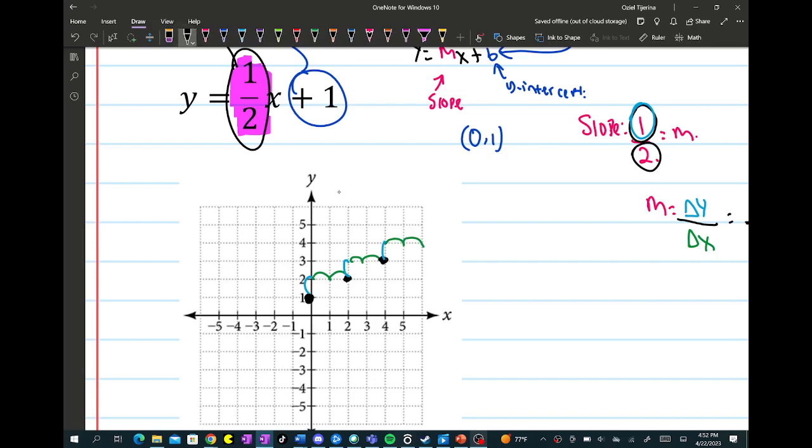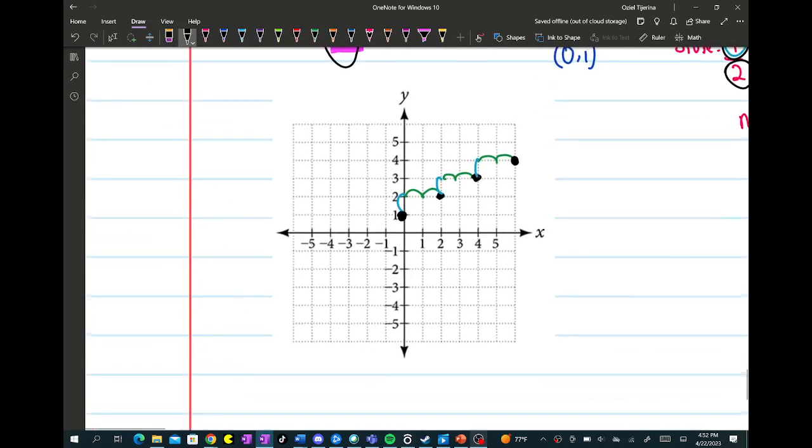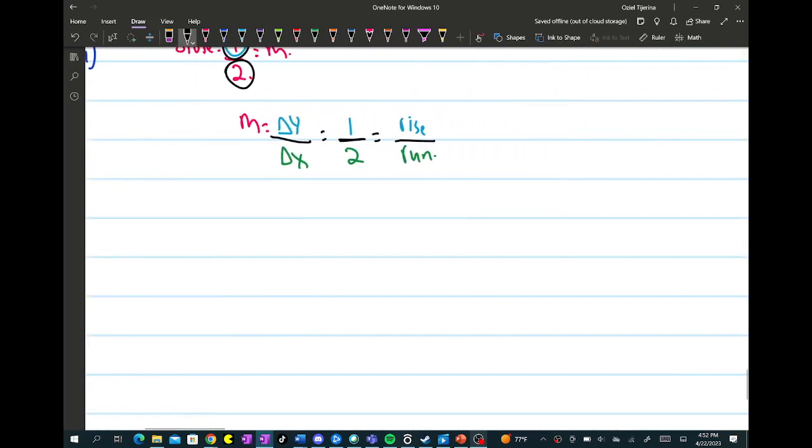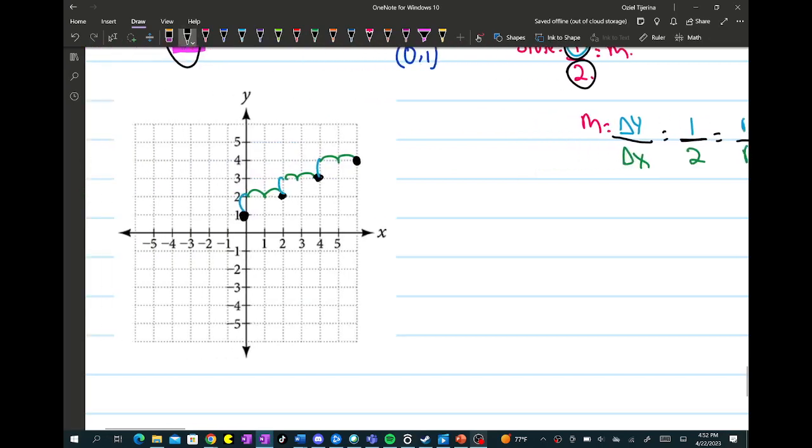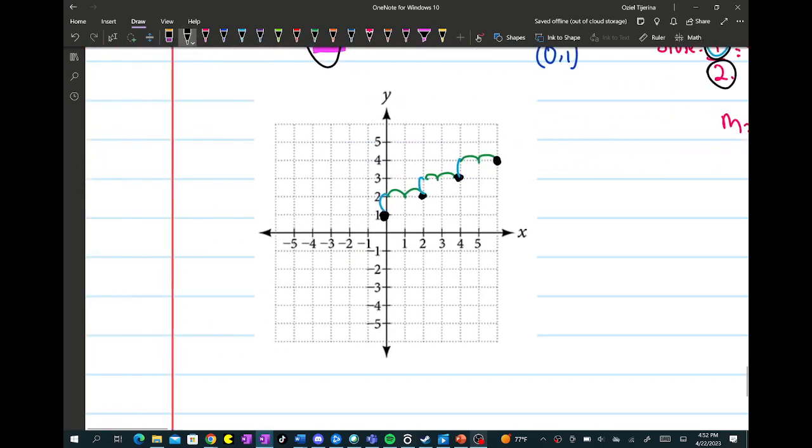Okay, so now I'm doing the opposite. I know that it was up 1 unit and to the right 2 units. Now, if I do the reflection of that, I'm going to actually do the opposite. So I'm going to go down 1 to the left 2.